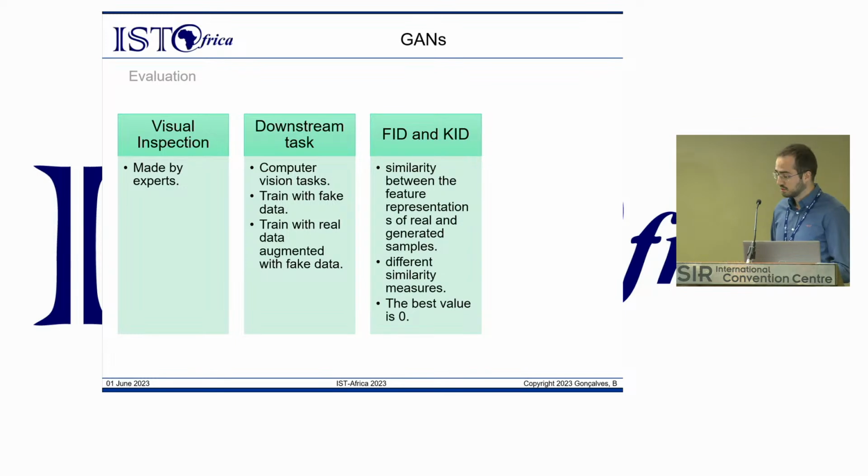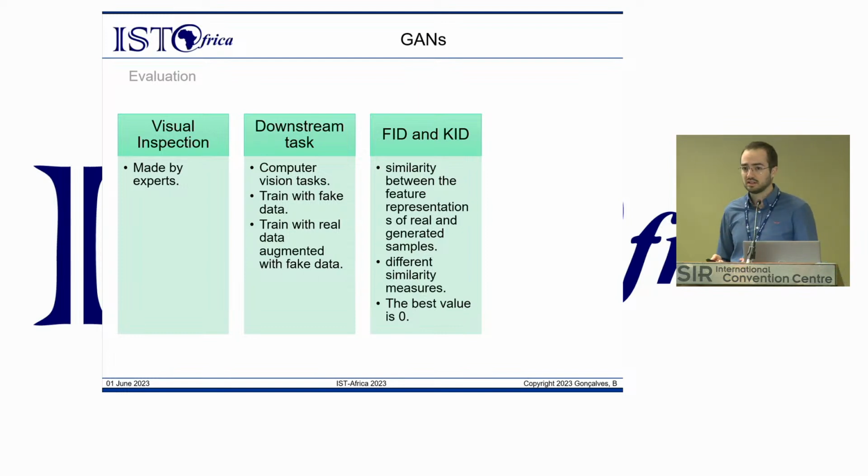However, there are also specific metrics that measure the quality of our synthetic dataset. For example, FID and KID, which are very similar, and they both measure the similarity between the feature representations of the real and the generated samples, and they differ in the way that similarity is computed.